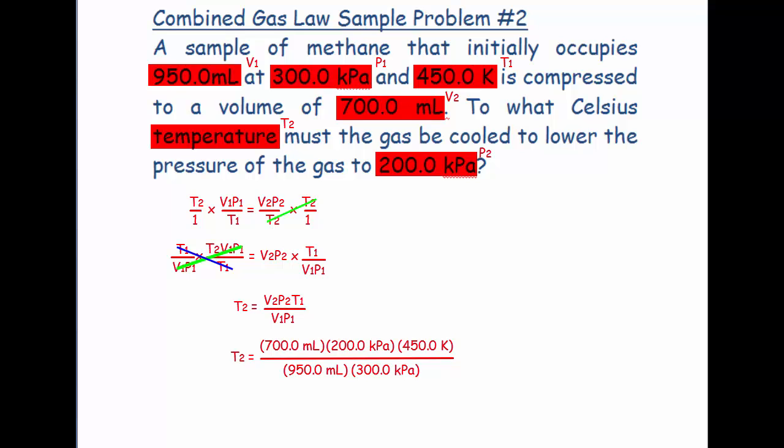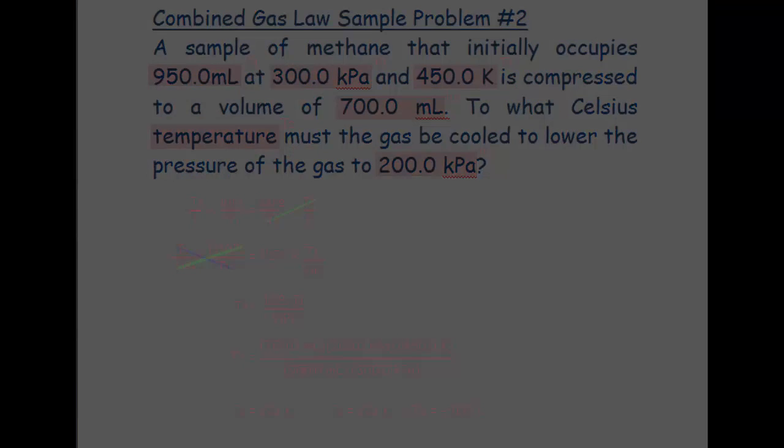And this substitution will yield a Kelvin temperature of 221. But remember, this problem asks us for a Celsius temperature. So we've got to subtract 273 to make that conversion. And when we do, we come out with a Celsius temperature of negative 51.9 degrees.